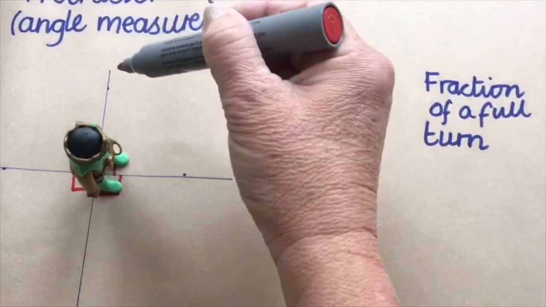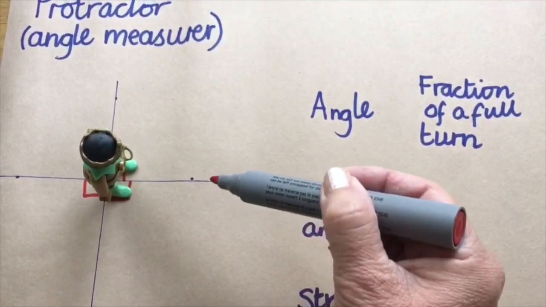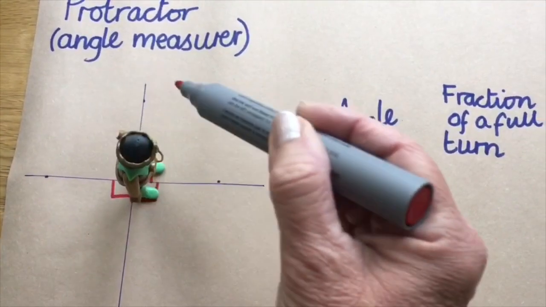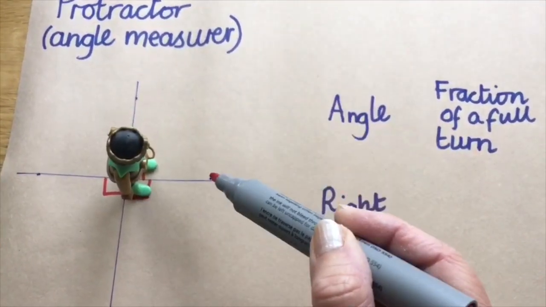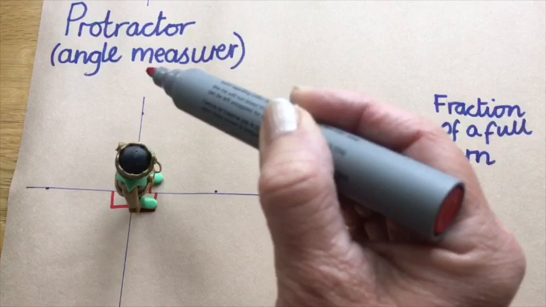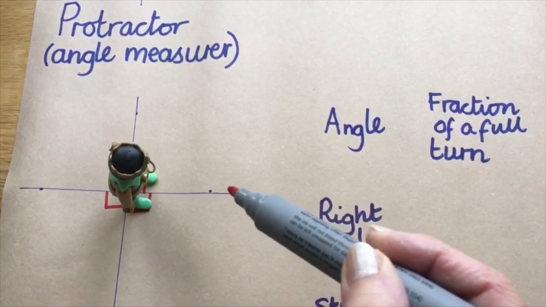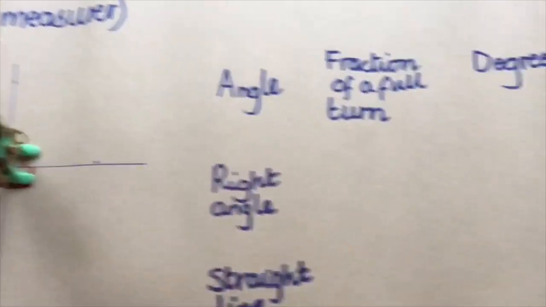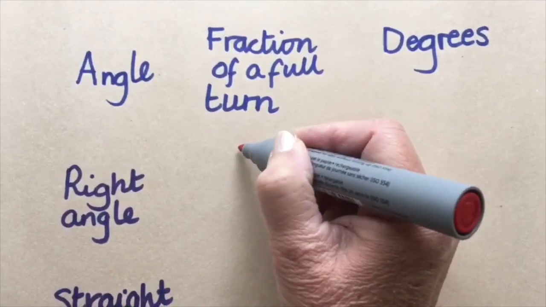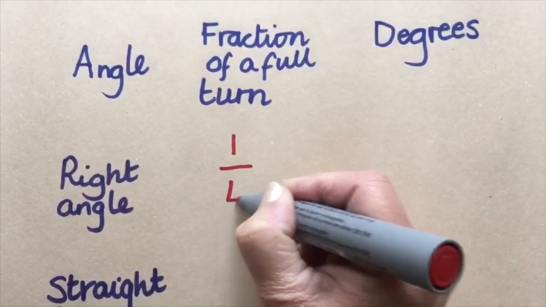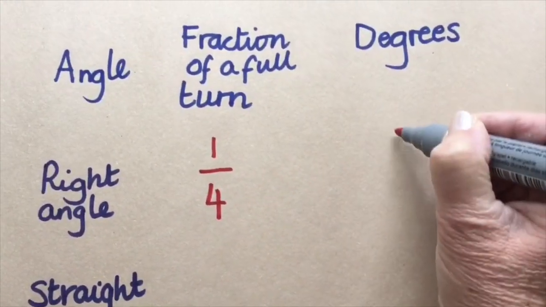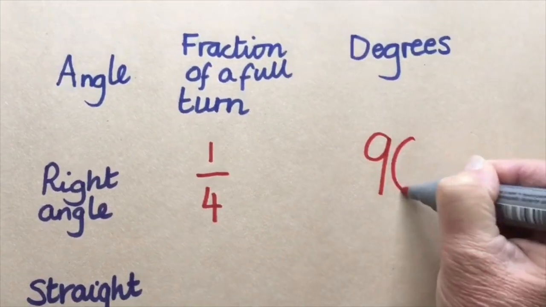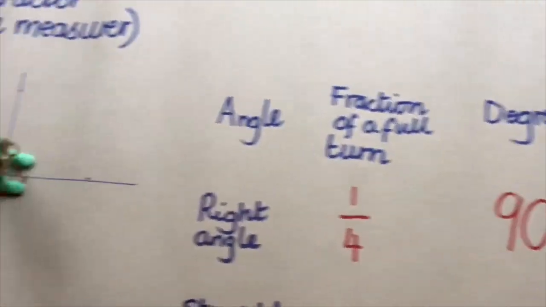But it's also a quarter of the way around if he is turning 90 degrees each time. It's 90 degrees, a quarter of a turn to get back to where he started. So a right angle is a quarter of a full turn and it is 90 degrees.